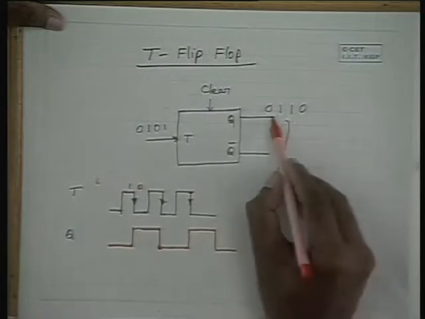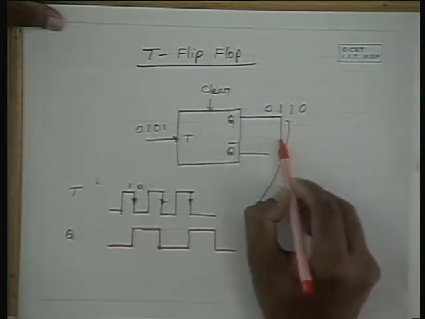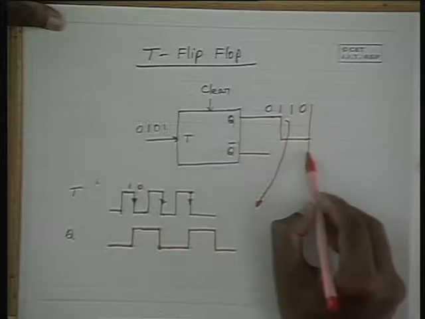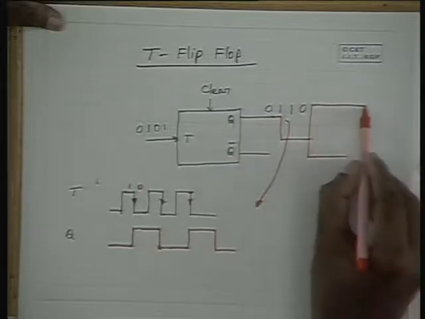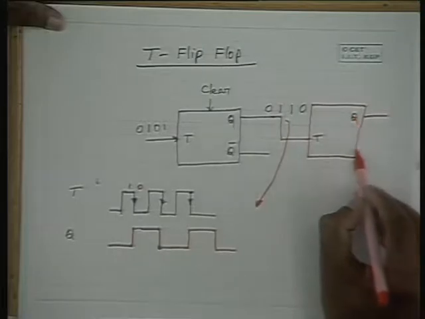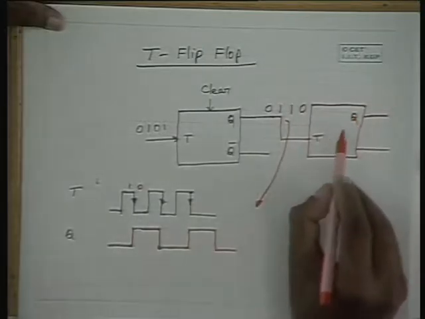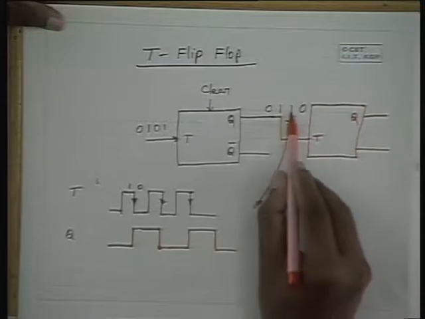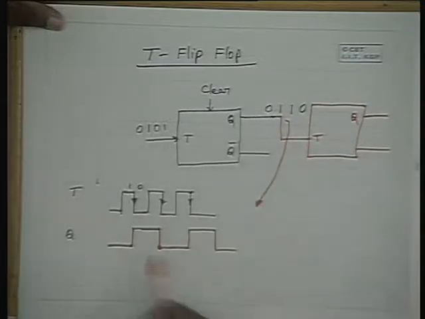Now if you apply this Q output to another toggling flip-flop, please note that this T flip-flop again responds to negative transitions here. That means it responds to the negative transitions over here.